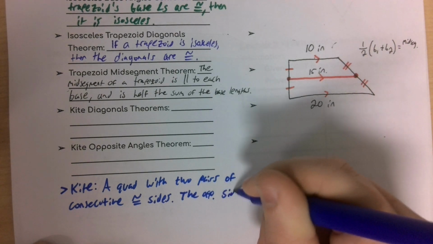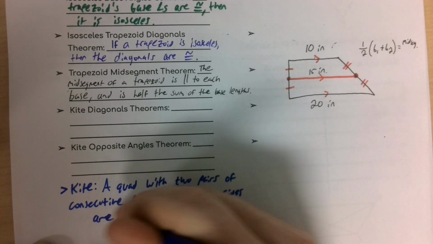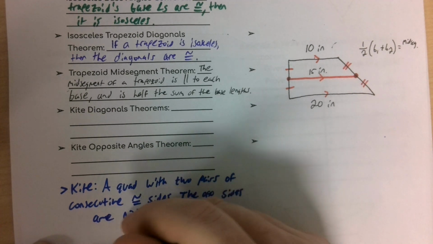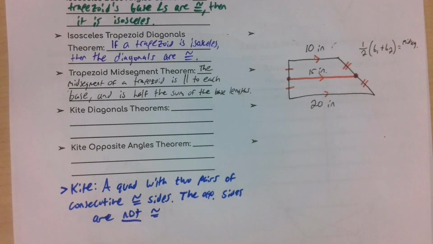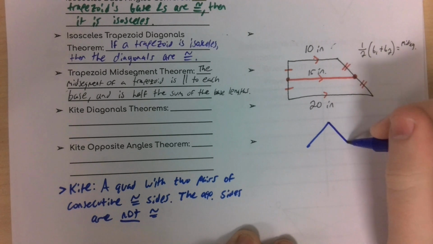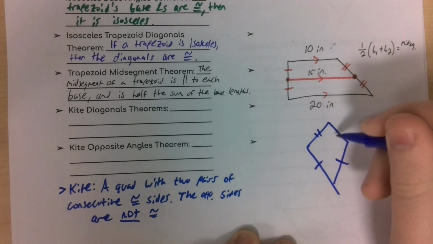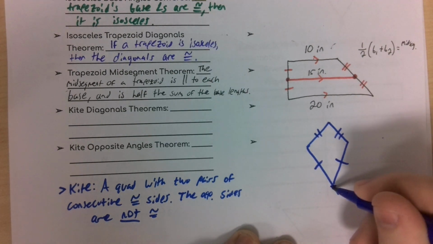But the opposite sides are not congruent. So a kite is a quadrilateral that has two pairs of consecutive congruent sides. It means the sides that are right next to each other must be the same length. This and this, this and this. I'll just erase this here.